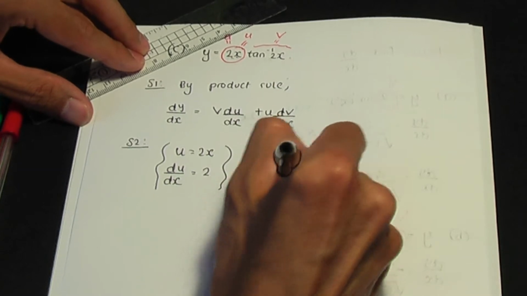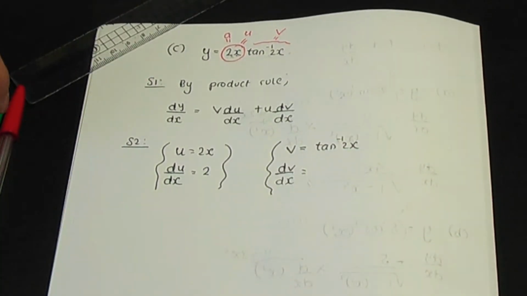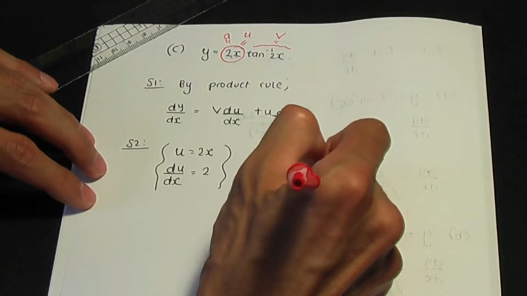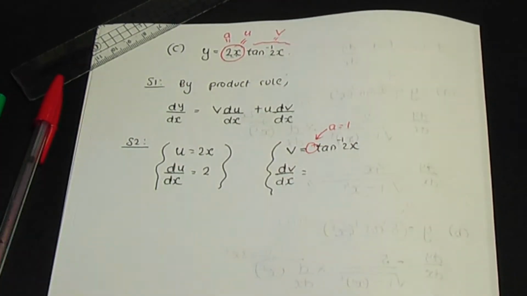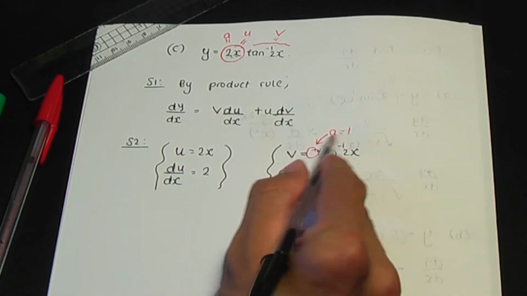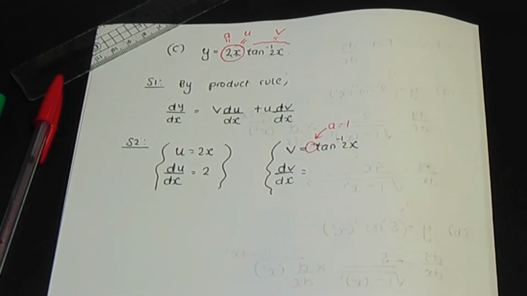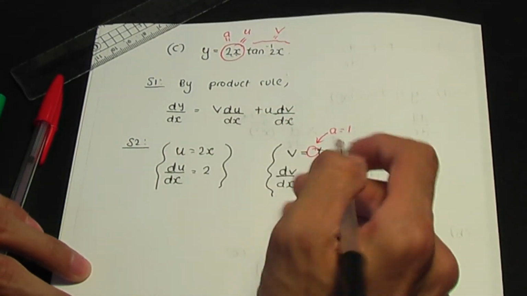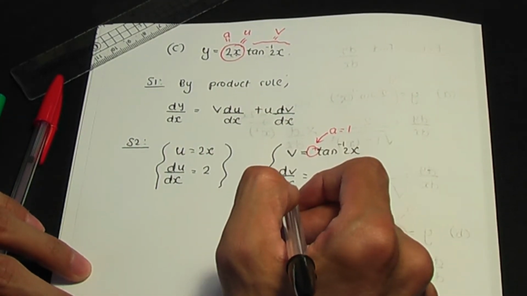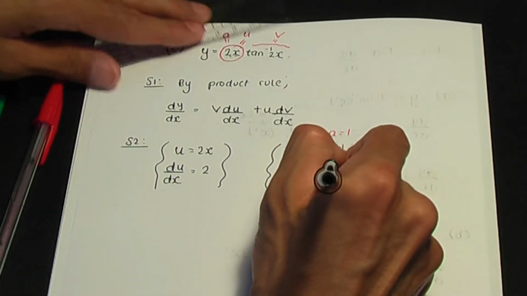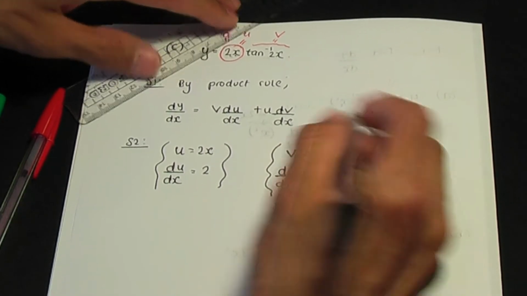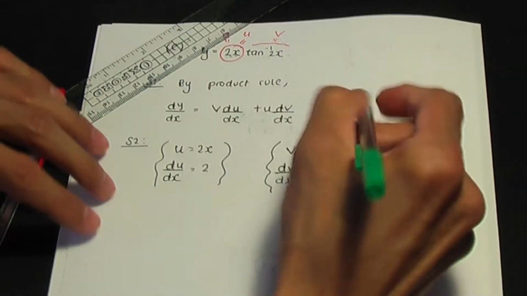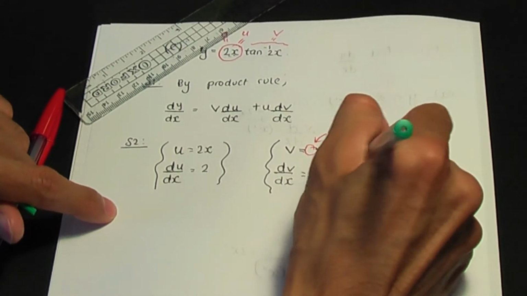Let's think about dv over dx. So the term in front of my function is 1. So a is 1. 1 is a constant, so I can use the chain rule related result for the inverse function. Okay? So remember, when I differentiate tan inverse, it's 1 over 1 plus u squared, where u of x is this term.